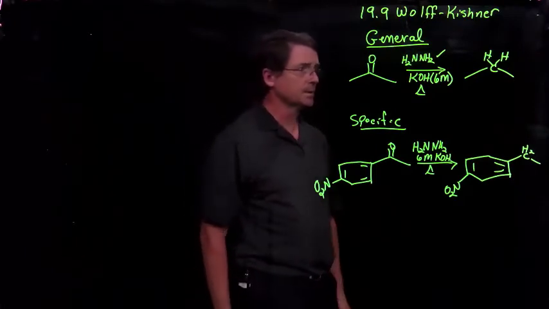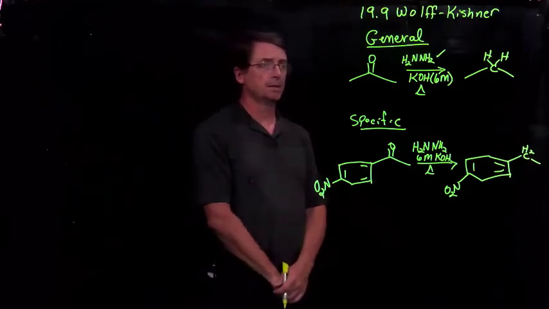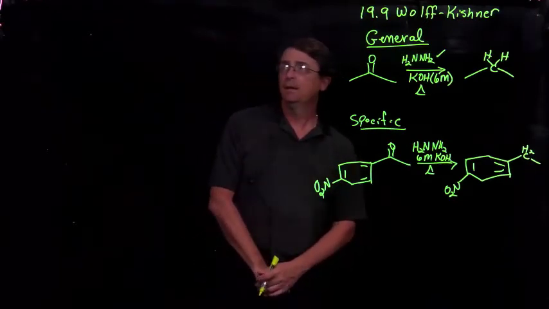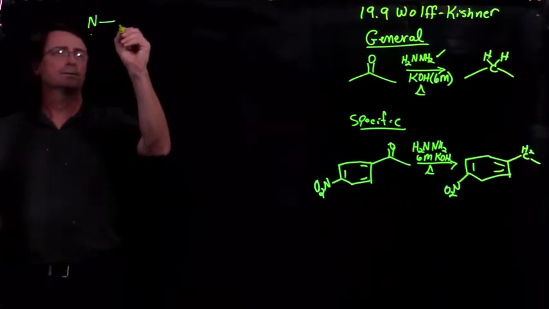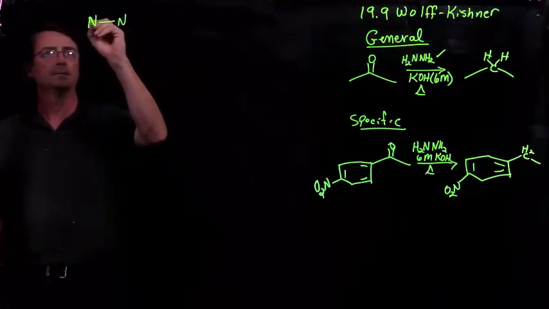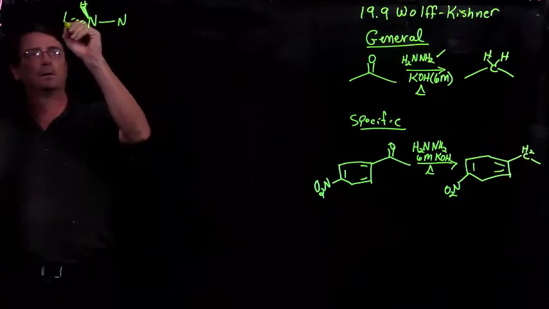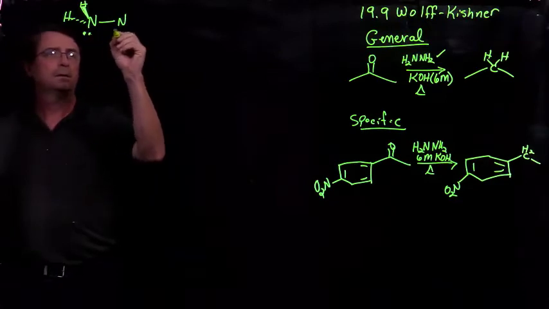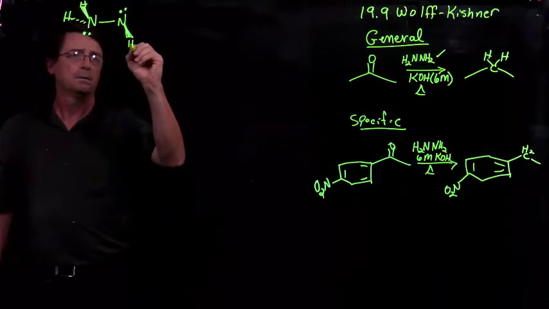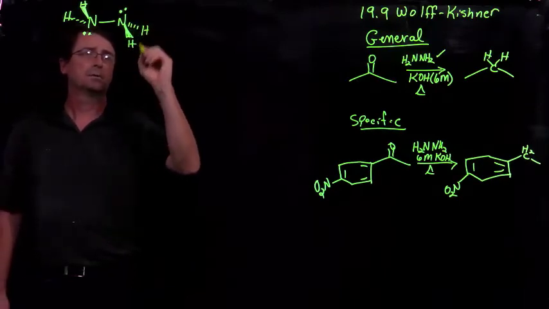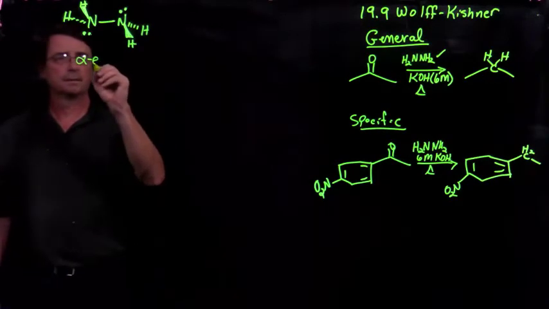Now, how is it that this occurs? Well, it turns out that the reactions in the chemistry that we've been learning are very critical to this. First, hydrazine. Let's look at this structure in a little more detail. So hydrazine is an example of what we call the alpha effect.